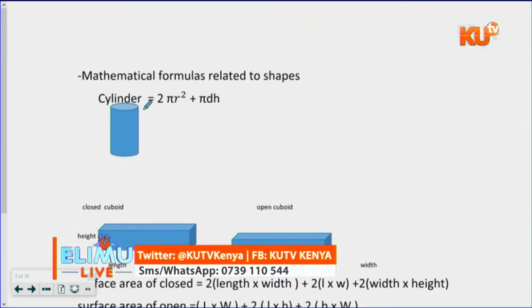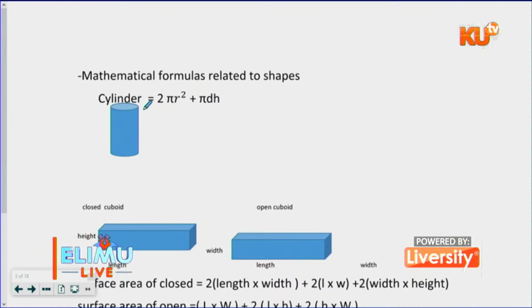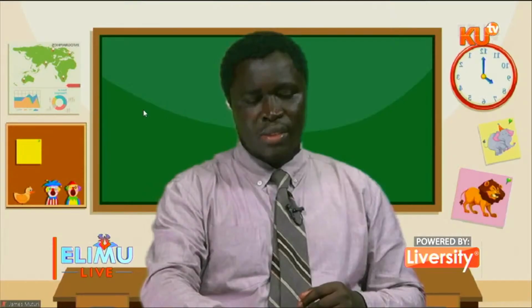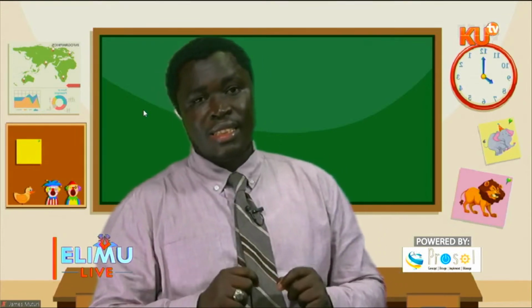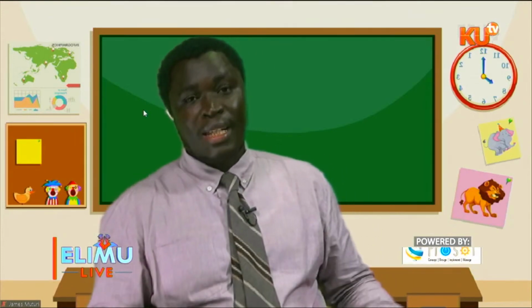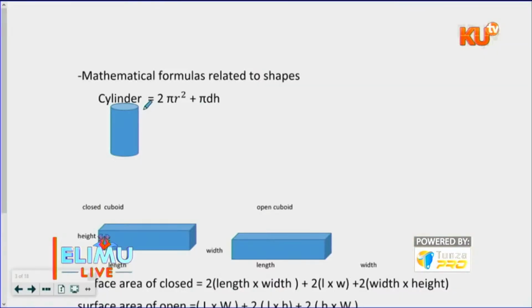And let us remind ourselves, what is circumference? Circumference is the distance all round a closed figure. So that part is called circumference.